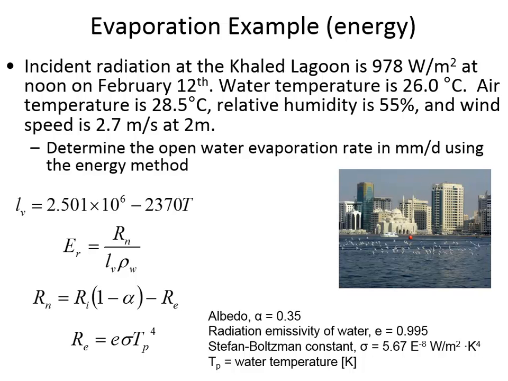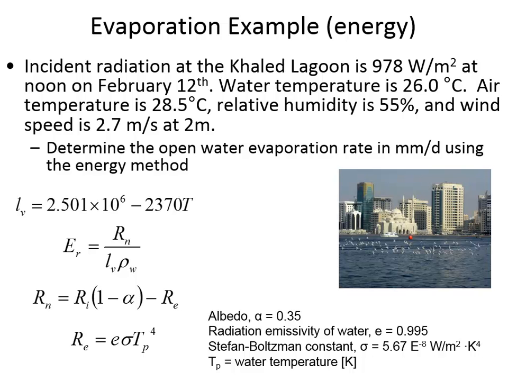In this case, we know the water temperature is 26 Celsius, air temperature 28.5 Celsius, relative humidity is given, wind speed is defined. Now, we don't yet use wind speed when we're just considering the energy method. There are basically two limiting factors. There's the energy being delivered to the water, and then there's also the limiting factor of the wind over the surface of the water.